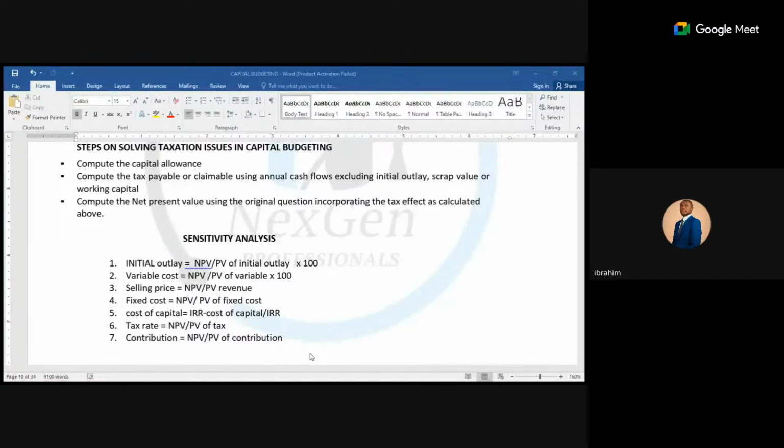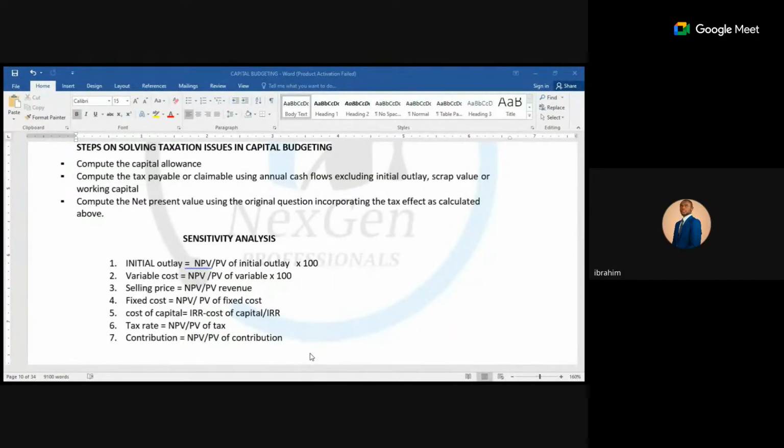Sensitivity analysis of variable cost is equal to NPV divided by the present value of the variable cost times 100. Then you calculate the sensitivity analysis of variable cost to be 20%. What is the interpretation?